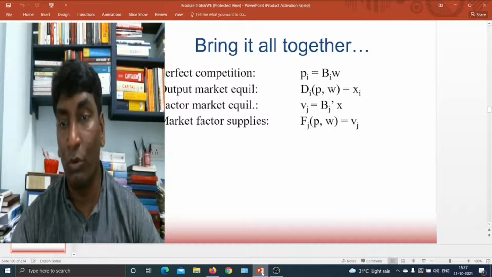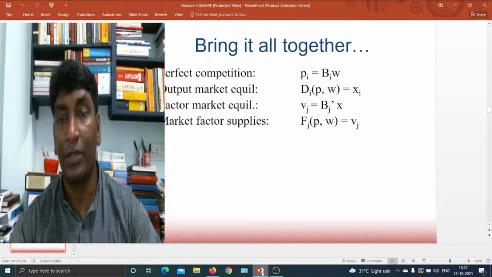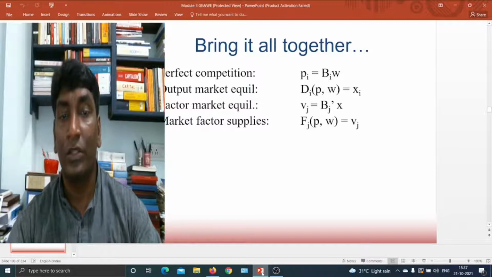So if you know this, it is pretty clear. vj is the factor market, which is also the market factor supply, and the other one is also very important.